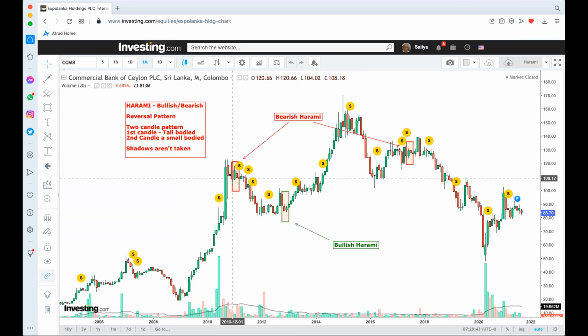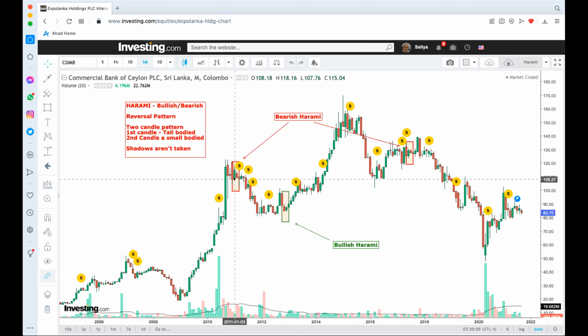So that is called a Harami. Once again, we do not take into consideration the upper and lower shadows. We only take the two bodies of the candles.